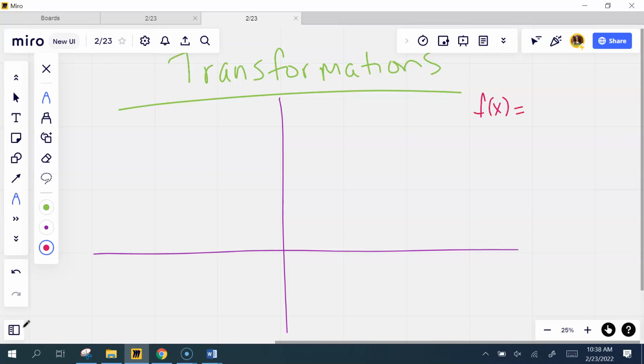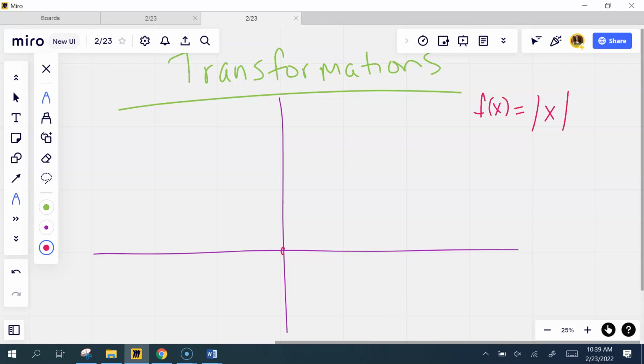What's the parent function? The absolute value of x, right? That parent function we talked about yesterday. We will be talking extensively about linear, absolute value, and quadratic parent functions and their transformations. Not so much anything else just yet.